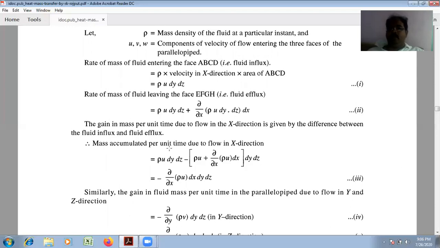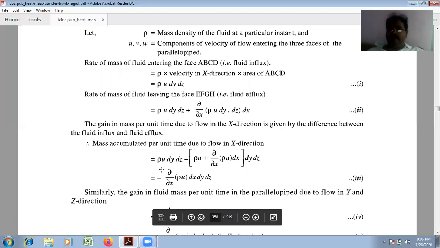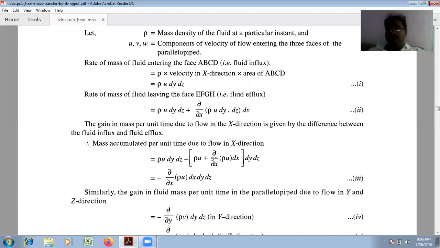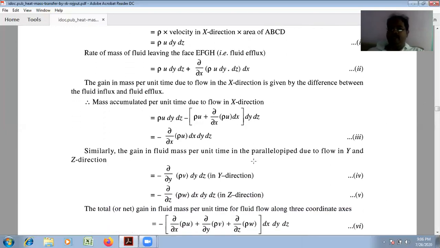So mass accumulated per unit time due to flow in x direction is rho u dy dz minus rho u dy dz plus del upon del x of rho u dx dy dz. When we cancel the common terms, we get minus del upon del x of rho u dx dy dz.